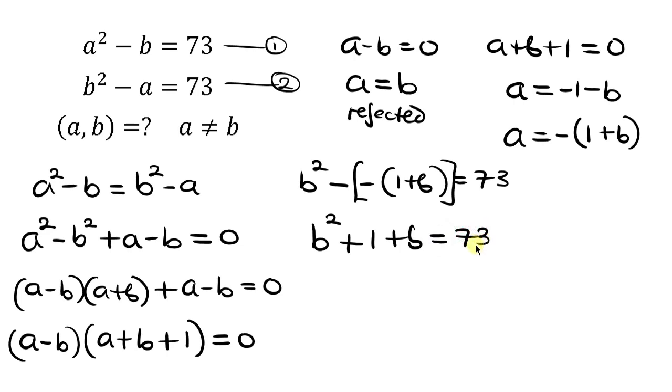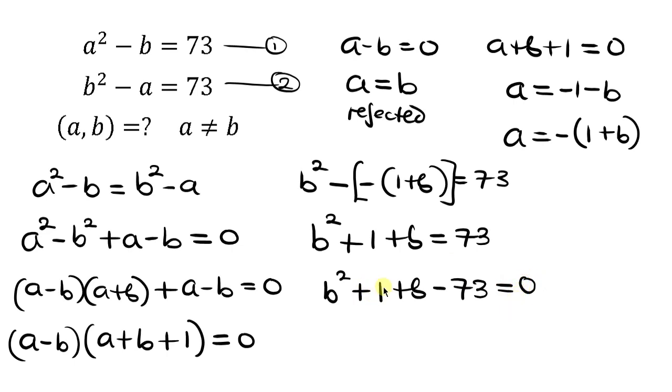Our next step will be to rearrange by moving 73 to the left-hand side. So we have b squared plus 1 plus b, and as 73 crosses to the left, it becomes negative 73, and this is equal to 0.